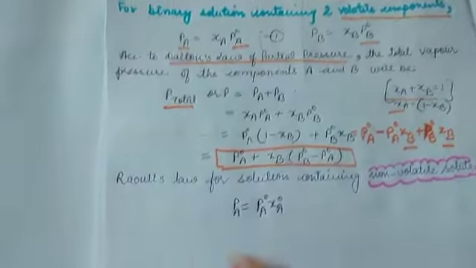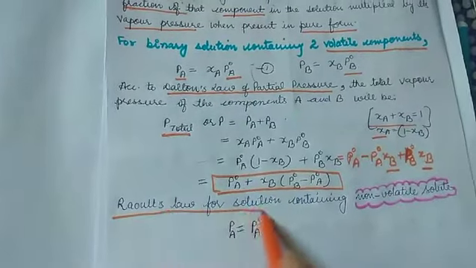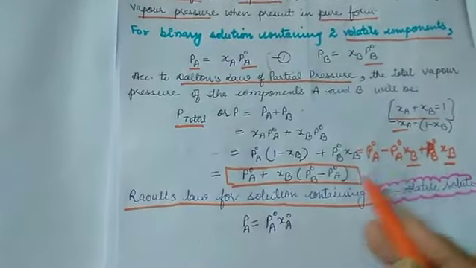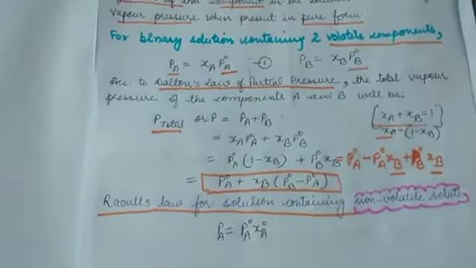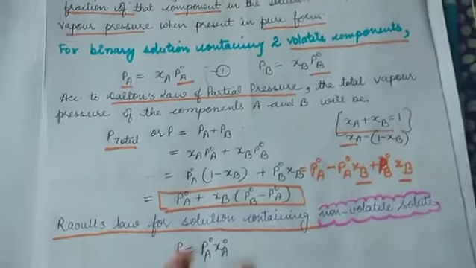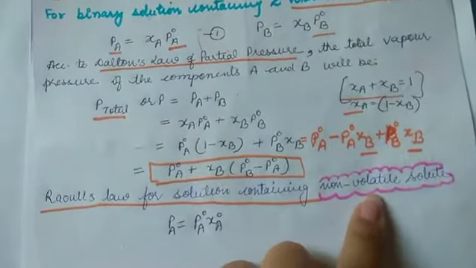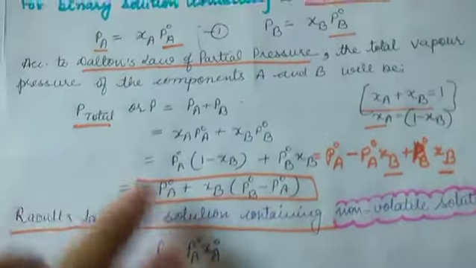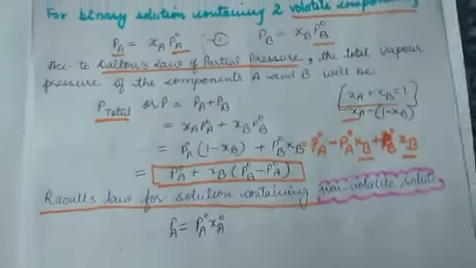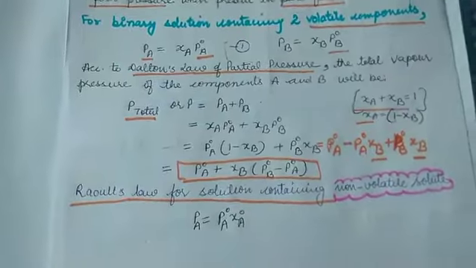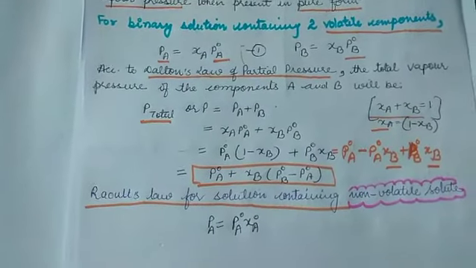Now coming to Raoult's law containing a non-volatile solute. We know that a solution is made up of solute plus solvent. Now if we have a non-volatile solute, meaning it will not form vapor, the pressure will be only due to the solvent.